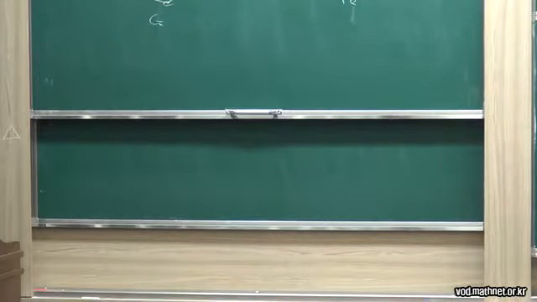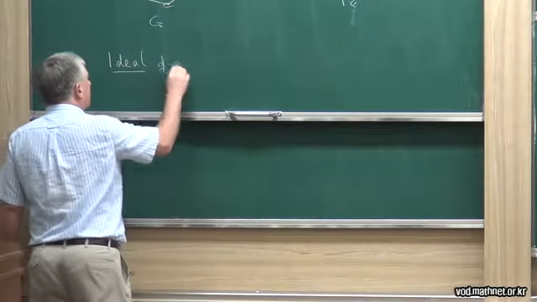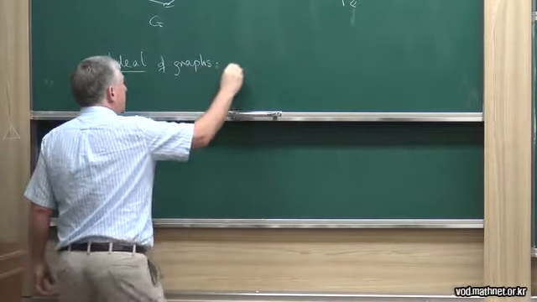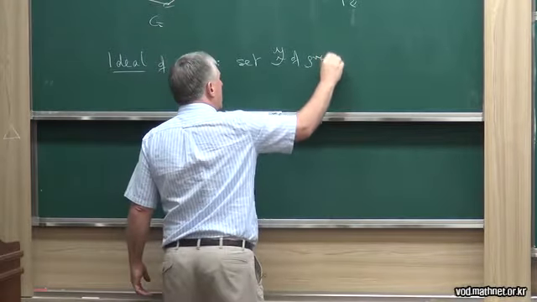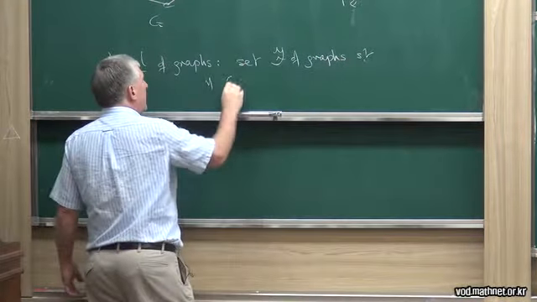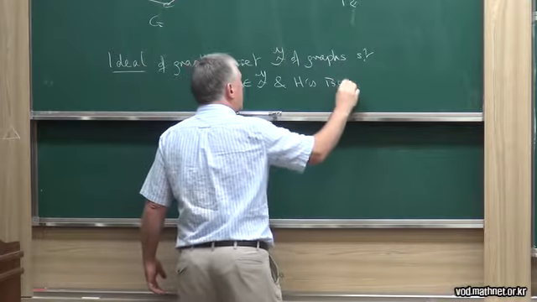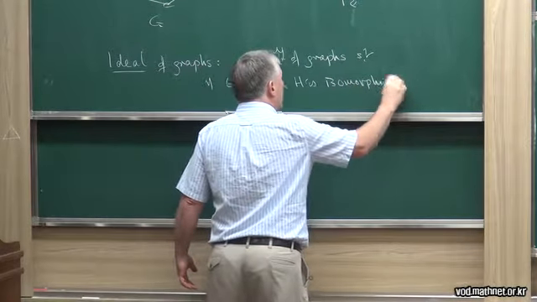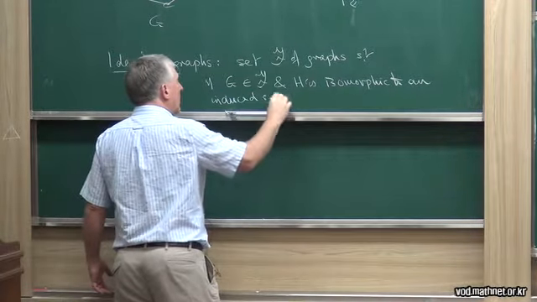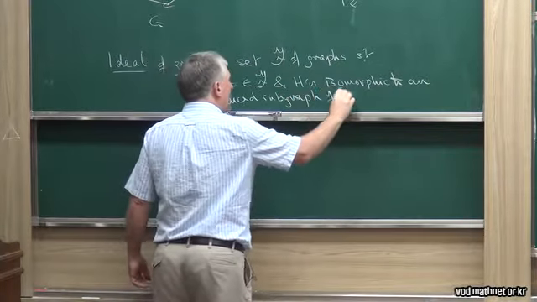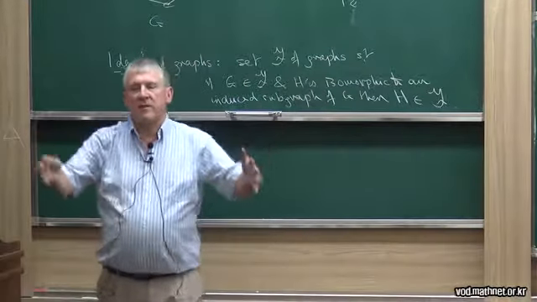So, induced subgraph. Let me give you another definition while I'm here. An ideal of graphs means a set of graphs, let's say F, such that if some graph G is in F and H is isomorphic to an induced subgraph of G, then H is in F. So it's just a class of graphs closed under taking induced subgraphs.